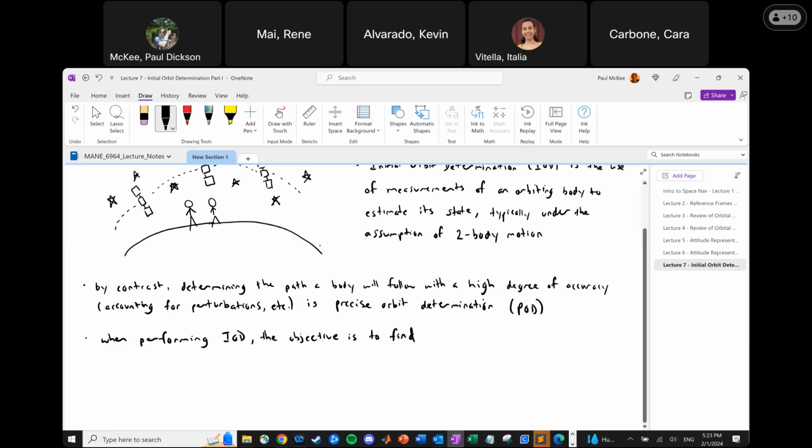When we're performing initial orbit determination, are we done once we've found the position and the velocity of the orbiting body, or are we done once we've found the classical orbit elements that go along with that orbiting body? When are we done? So don't you have to get the position and velocity and then use that position and velocity to find the orbit elements at that position?